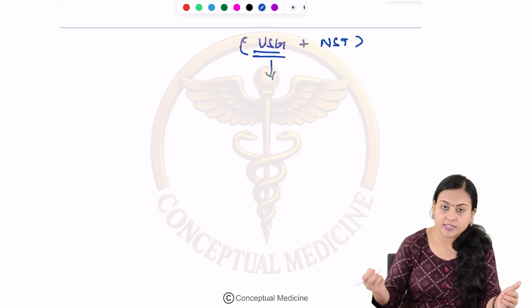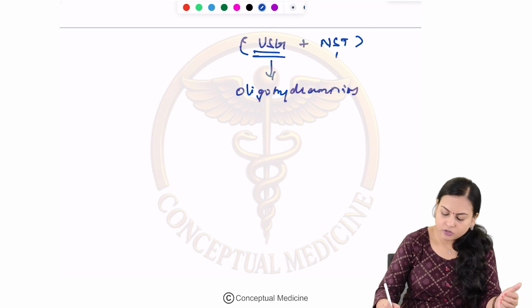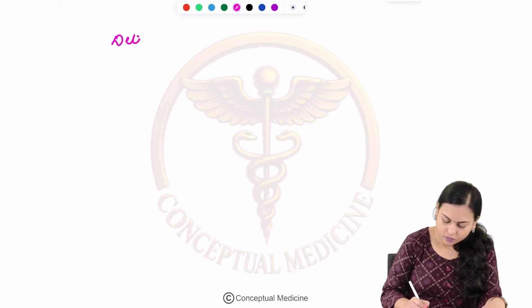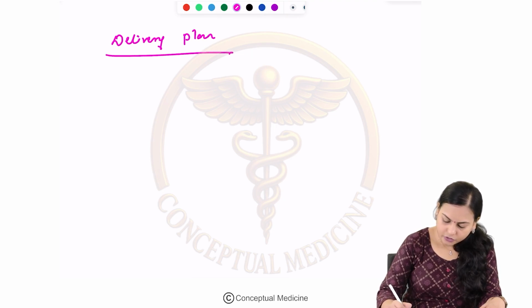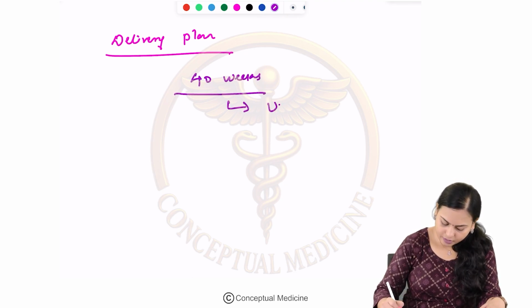Especially you have to assess for the features of oligohydramnios, and NST should be done ideally twice weekly at least. So, when considering the delivery plan, you should start it around 40 weeks if it is an uncomplicated pregnancy.